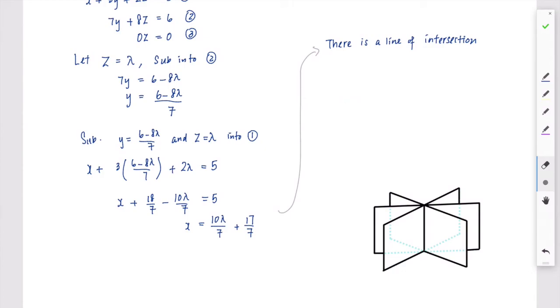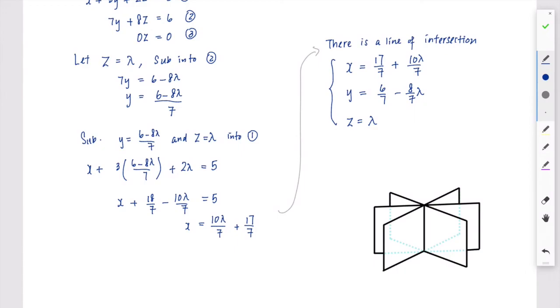This line of intersection has parameters x equals 17 over 7 plus 10 lambda over 7, y equals 6 over 7 minus 8 over 7 lambda, and z equals lambda.